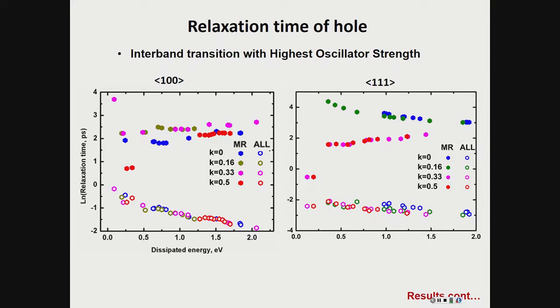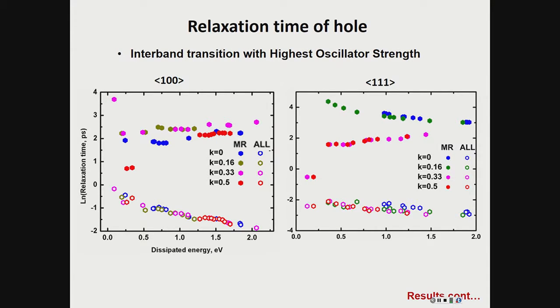First I need to look at the restricted or unrestricted case. All transitions means restricted plus unrestricted. Okay, so this one is faster.